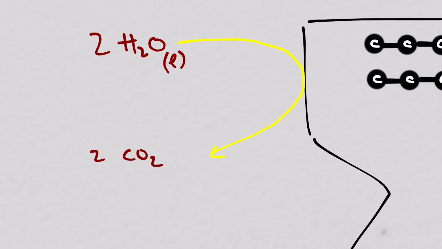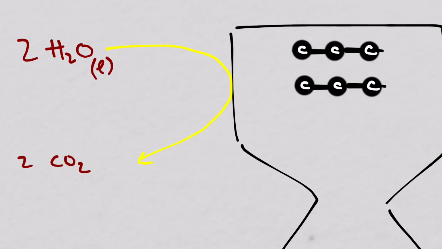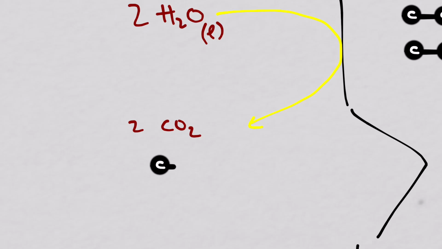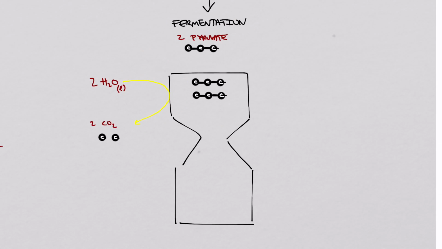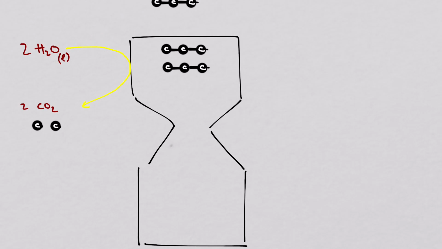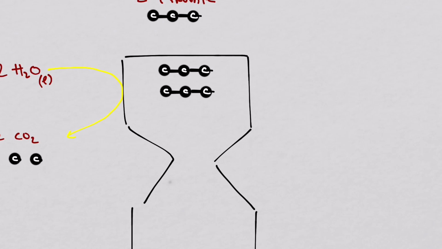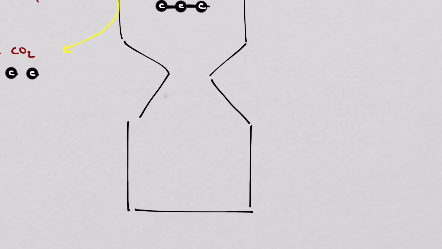So let's just grab one of these, copy, and paste. So a carbon from each pyruvate pops off. So now we did have a 3-carbon compound, but now we're left with a 2-carbon compound. Here we go, 2-carbon compound, 2 of them.